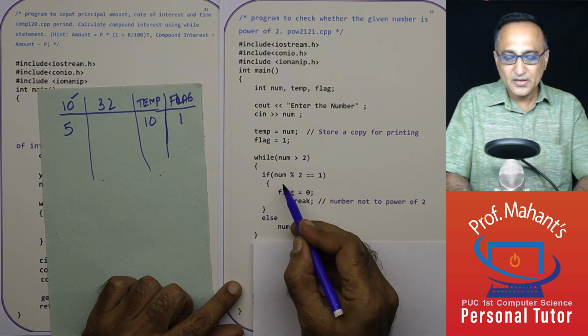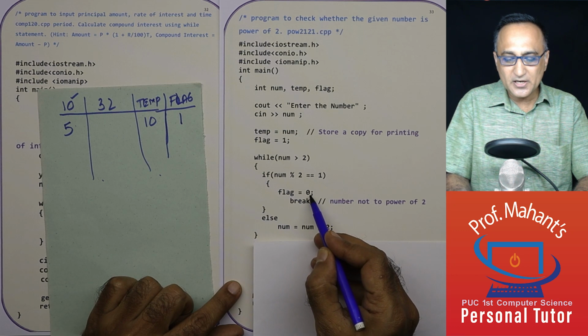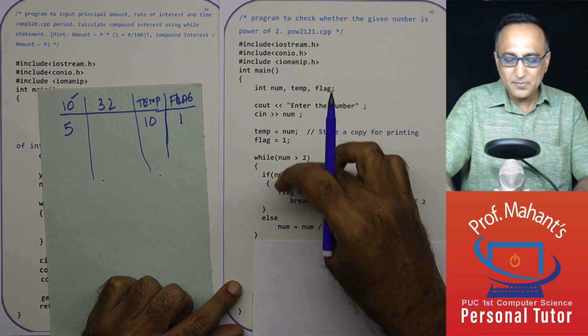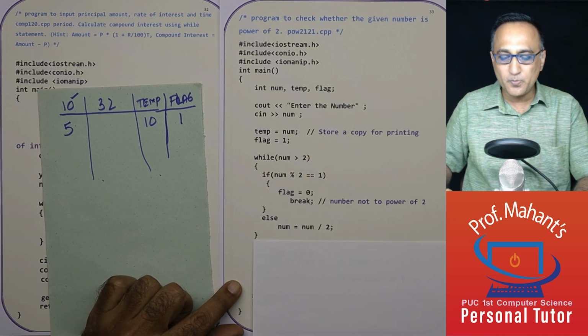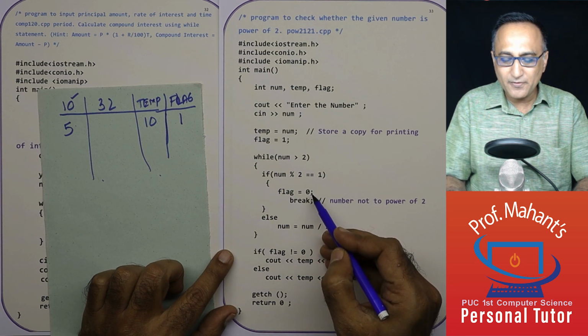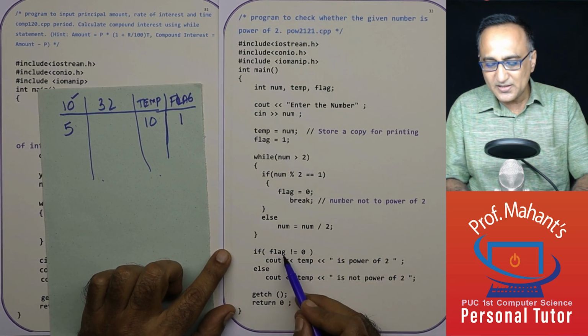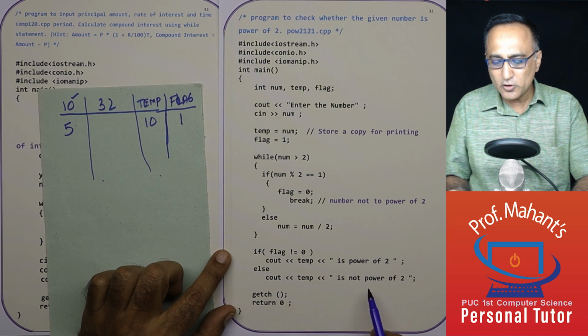It is true. 5 mod 2, the remainder is 1. Now flag becomes 0 and I break. Break means I jump out of the loop based on the condition. Once I come out, I look at the value of flag. Since I made flag 0, this condition is false. It is going to say number 10 is not a power of 2.